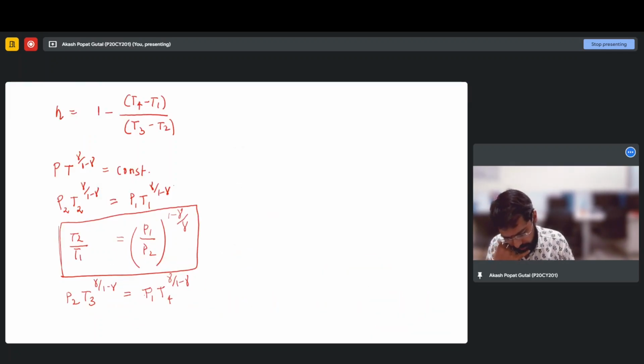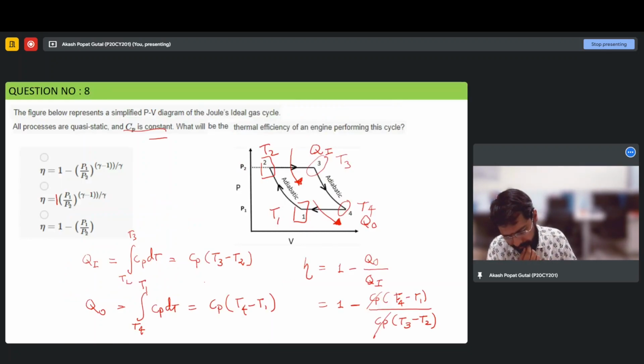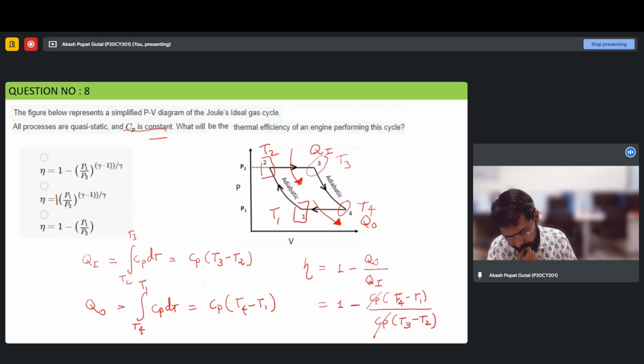And similarly, we can get T3 divided by T4 is equal to P1 by P2 raised to 1 minus gamma upon gamma.